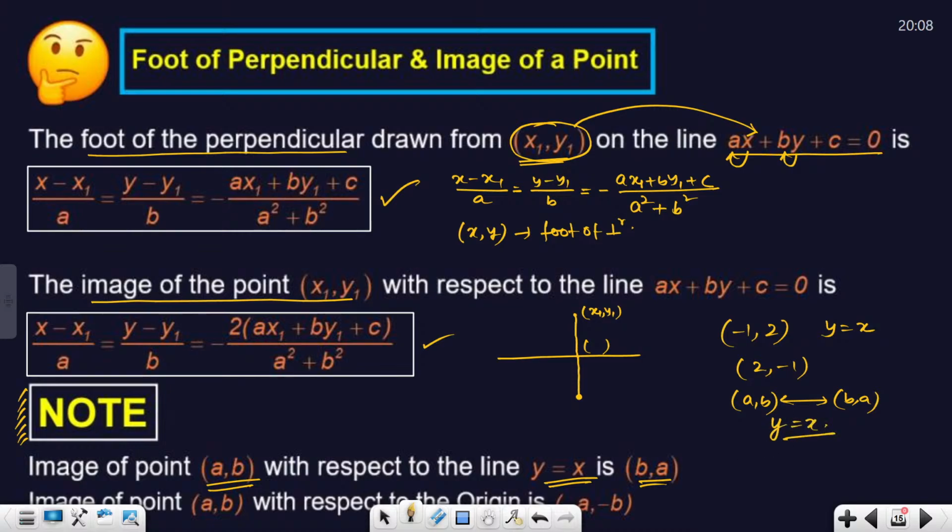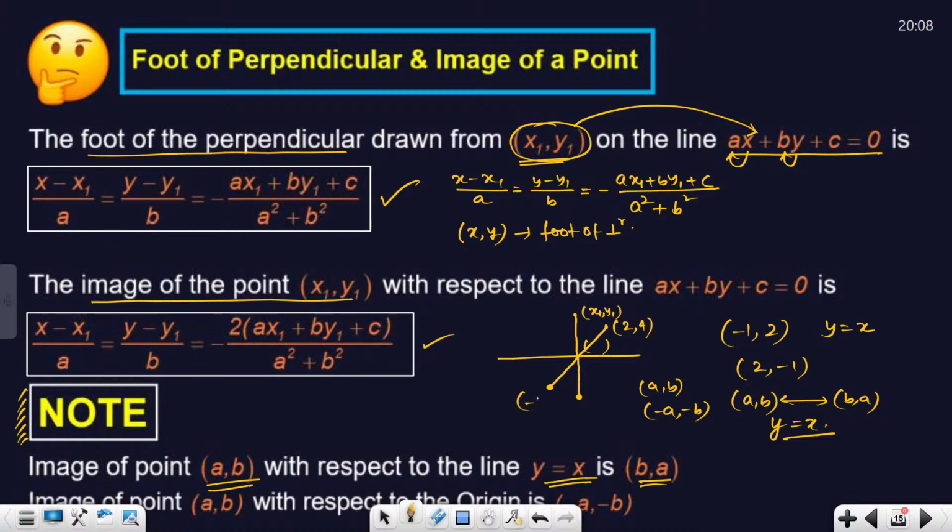This you must remember. And image of the point (a, b) with respect to the origin is always (minus a, minus b). That is, if I ask you, there is a point here whose coordinate is say (2, 4), then what will be the coordinate of its image with respect to the origin?